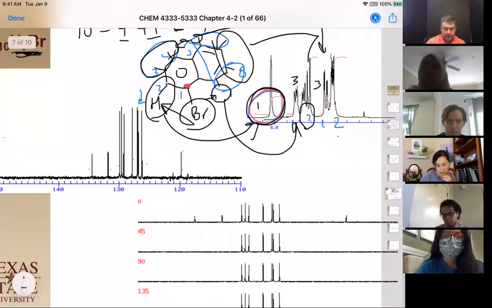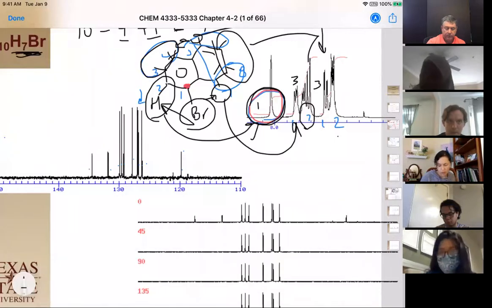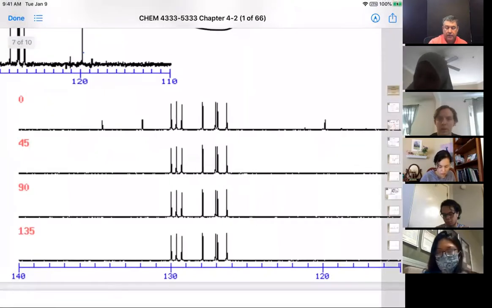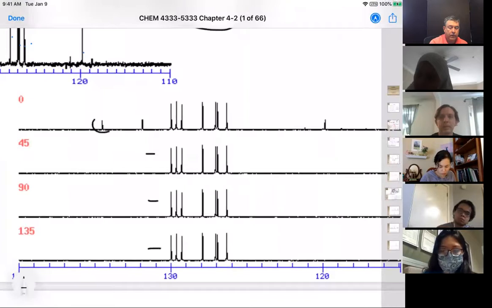So let's look at the DEPT here. In this case, everything has 1 proton on it except for 1, 2, 3 carbons.